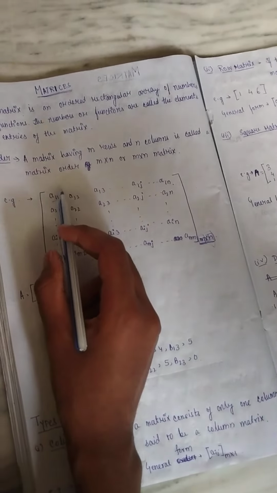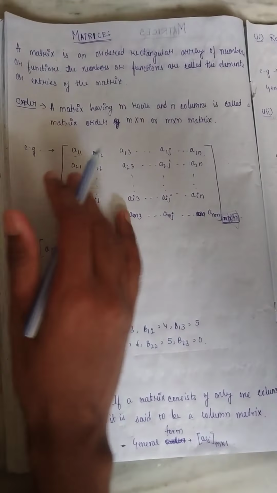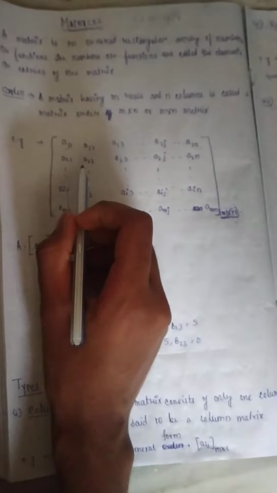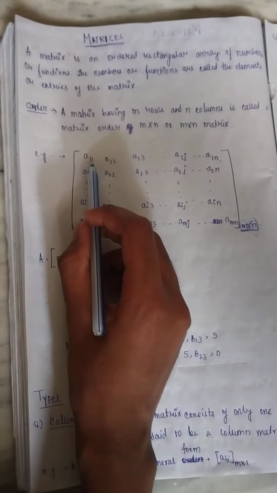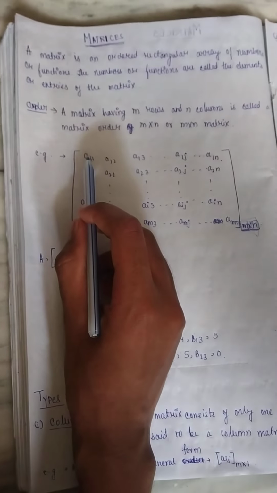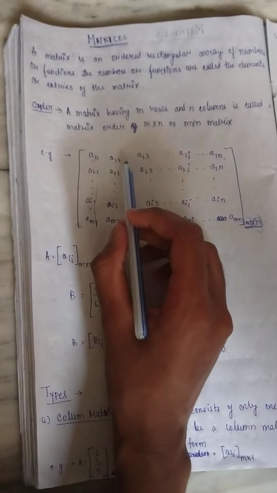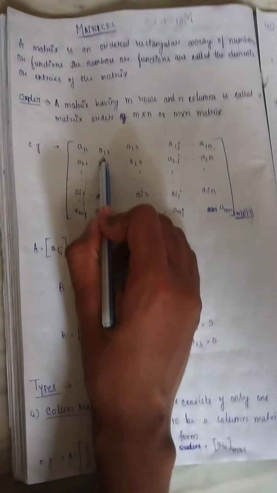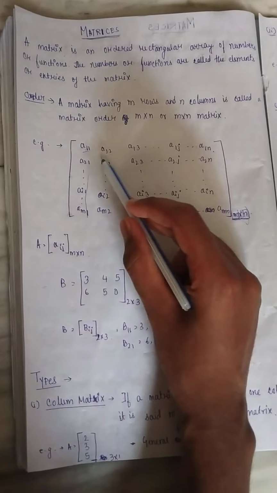If we talk about the elements of this matrix, the first element is defined as A11. It is 1 1 because it is the element of the first row and first column. The next is A12, the element of the first row and second column, and so on.